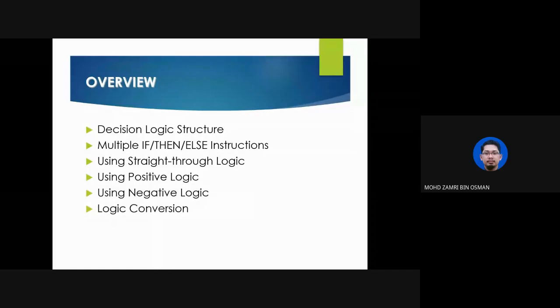So this is the overview of the lecture. We need to cover what the decision logic structure is, and then the structure using the if-else statement. After that, we look at the straightforward logic structure, and then the positive logic structure and the negative logic structure.